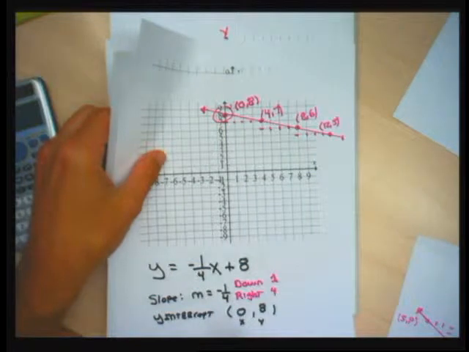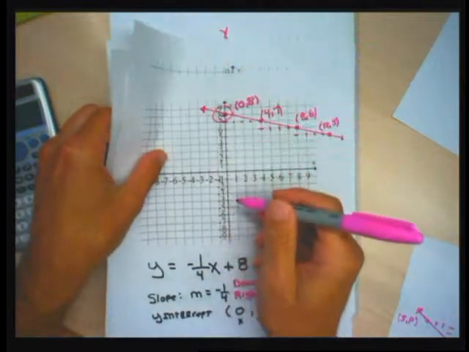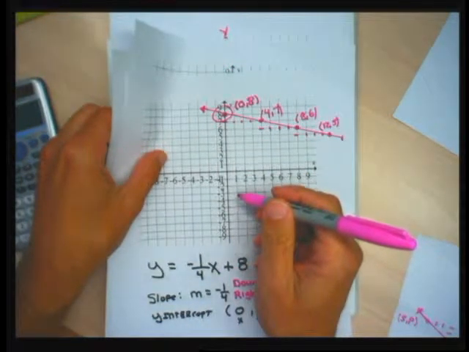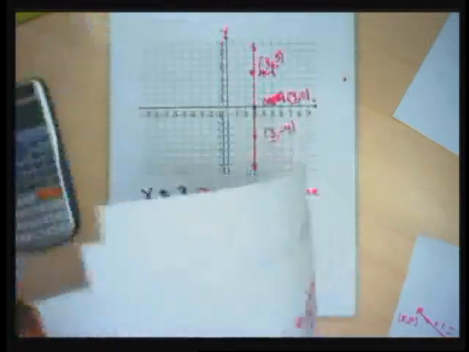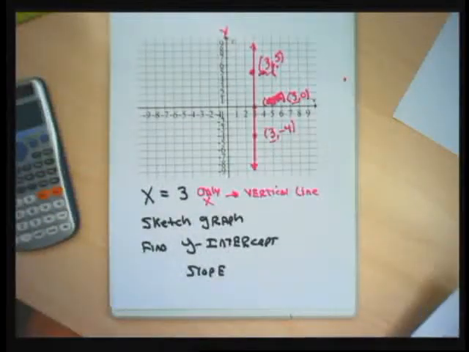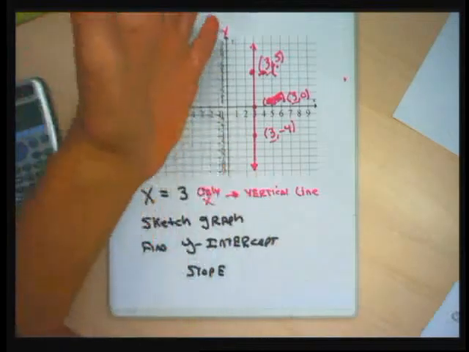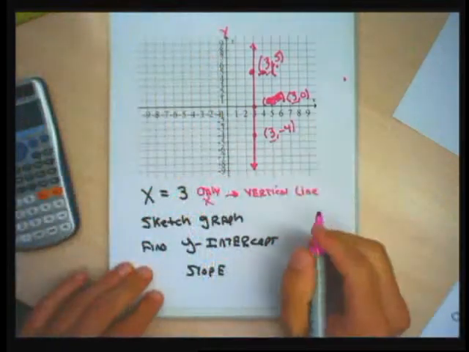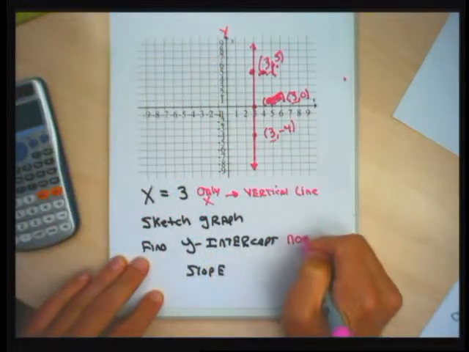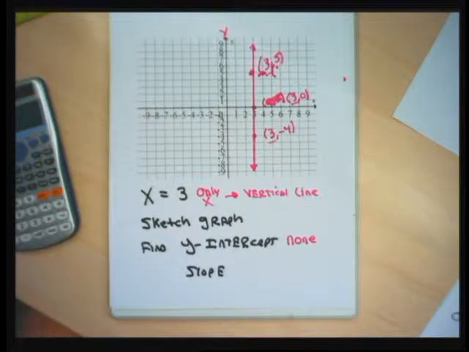Every graph that I've drawn so far, if I looked at the y-axis, I could find where the graph crossed the y-axis. It was easy to identify the y-intercept. This graph, if I look at the y-axis, it doesn't cross the y-axis. That means that this graph doesn't have any y-intercept. It flat out never crosses the y-axis, so it doesn't have a y-intercept.